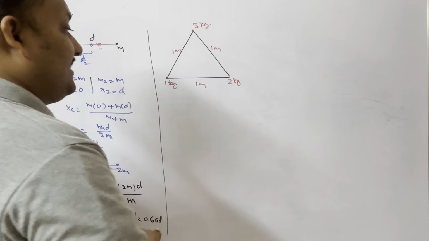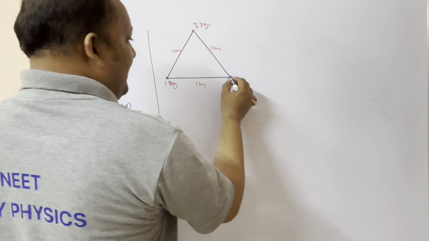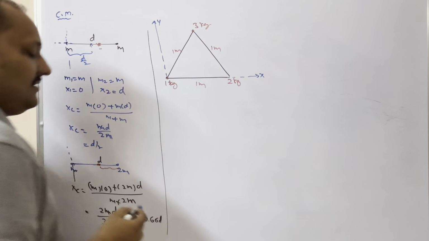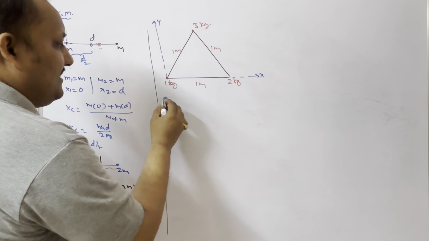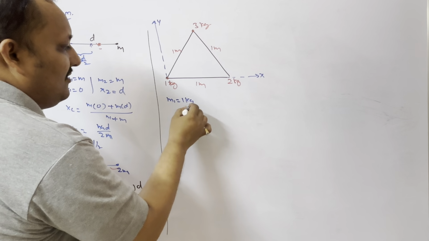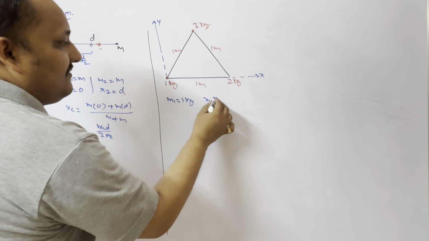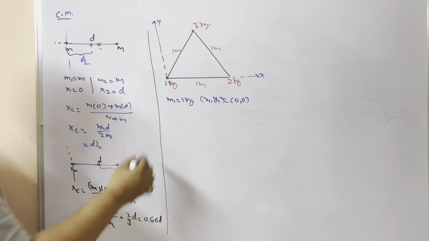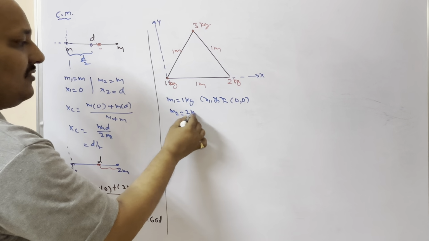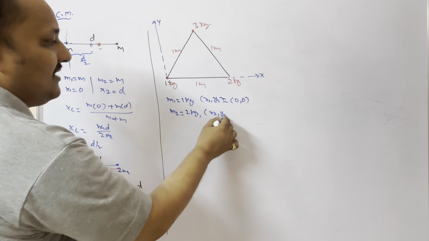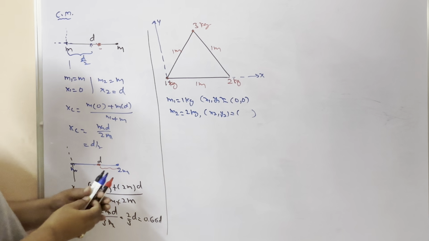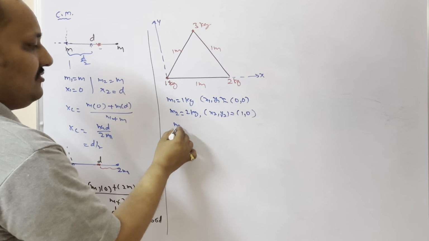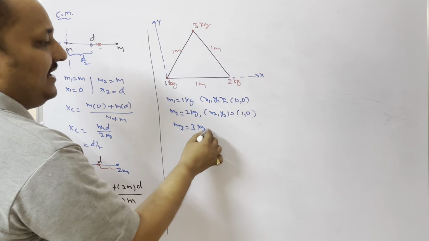At that time, first you have to take coordinates, x-axis and y-axis. m1 is equal to 1 kg, with x1 comma y1 at origin, 0 comma 0. m2 equals 2 kg, with x2 comma y2 exactly on the x-axis at 1 meter, 1 comma 0.